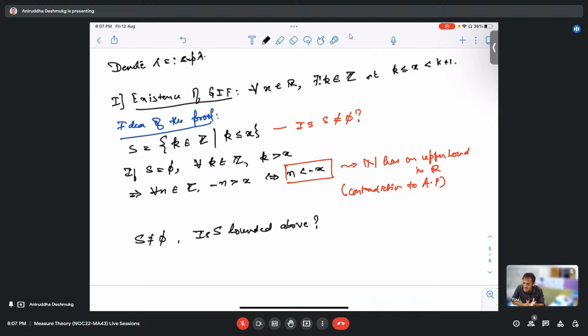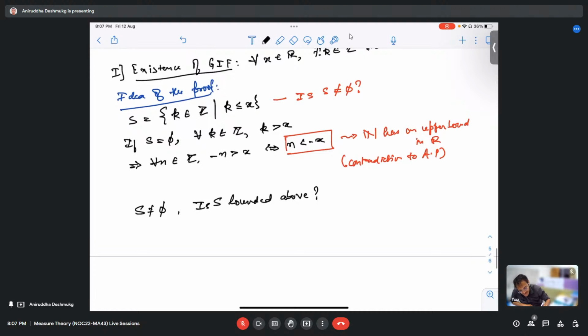Yeah, but they are all less than or equal to x. Okay, sir. It is bounded above. So S is indeed bounded above, and therefore by the LUB axiom, there is some, maybe alpha I will write, alpha in R such that alpha is the least upper bound of S.